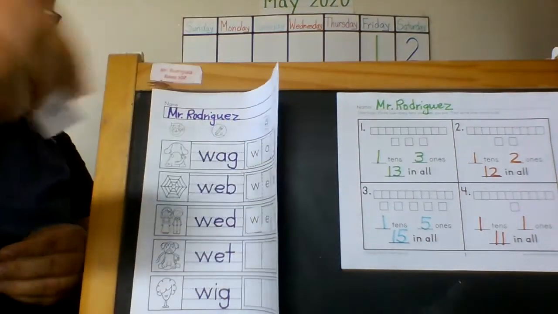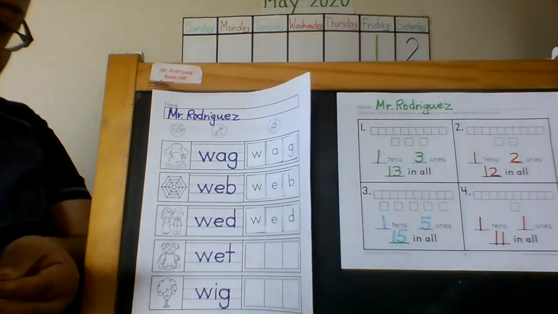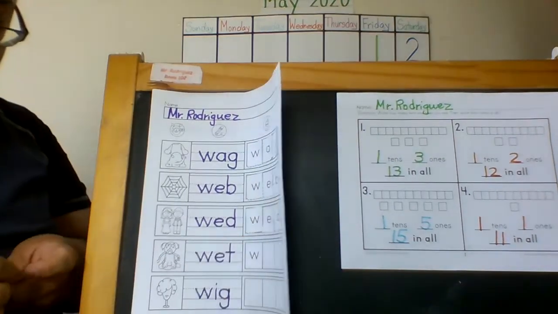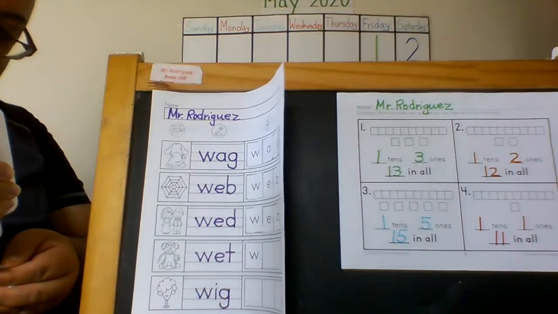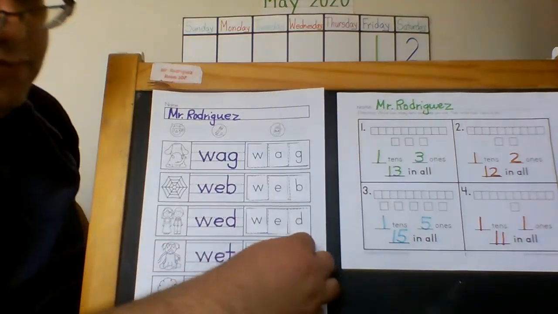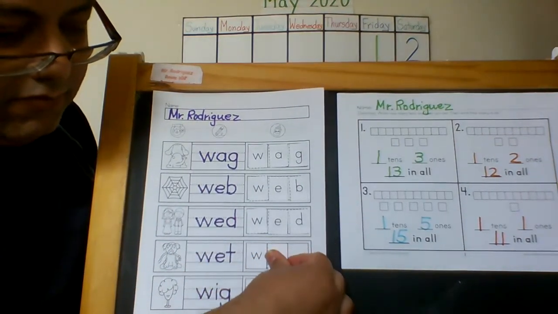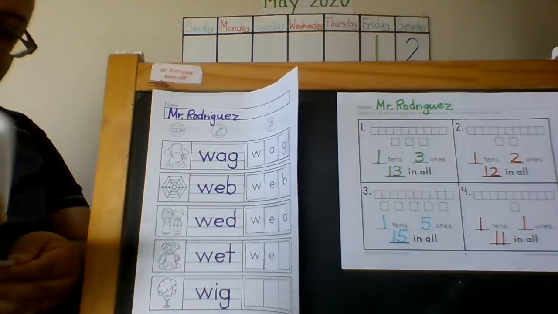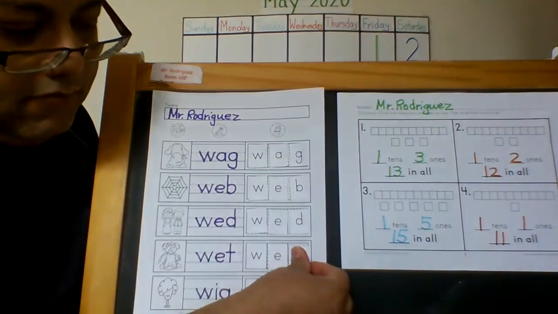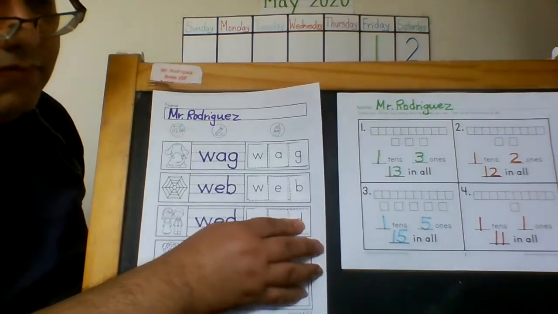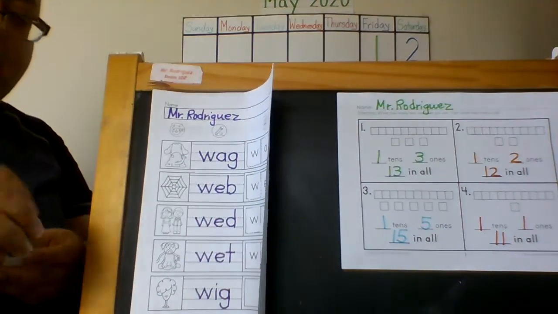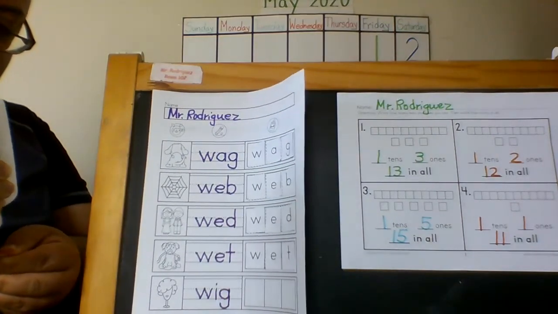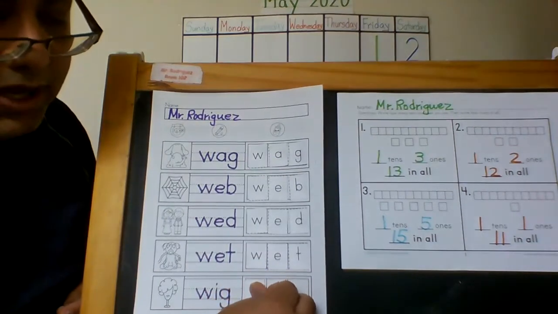Now we're doing wet. So W. Wet. Now we have W. For wig.